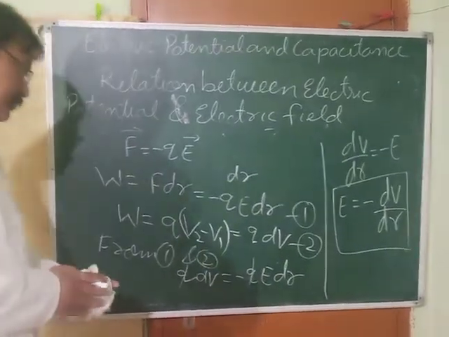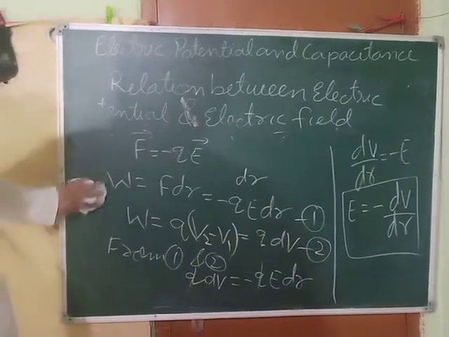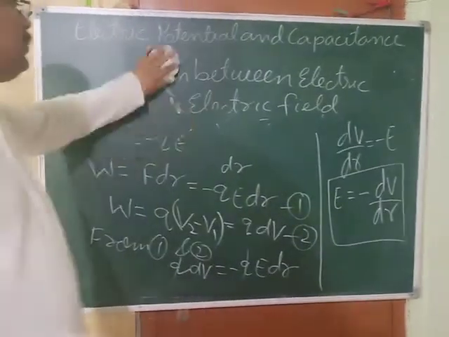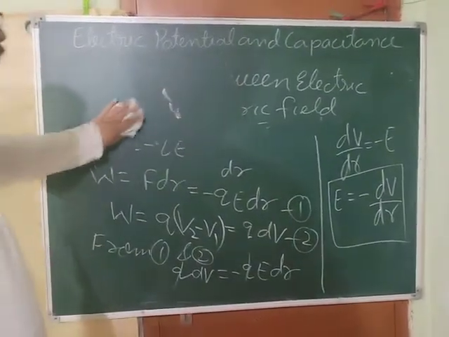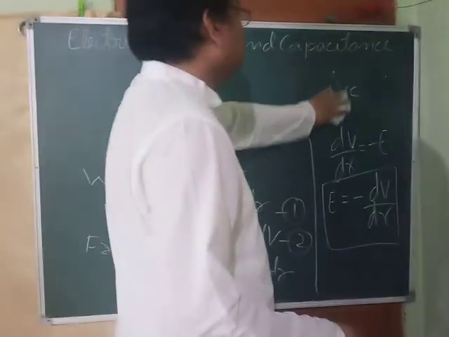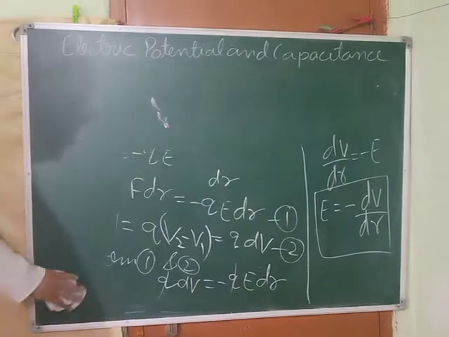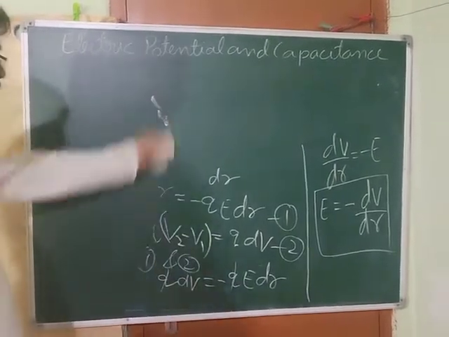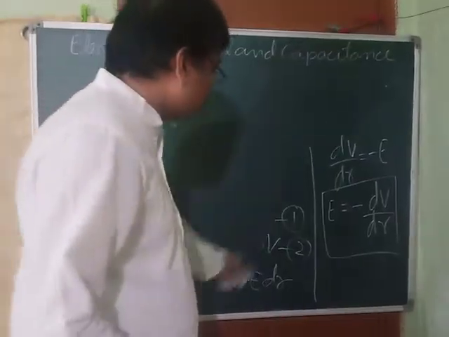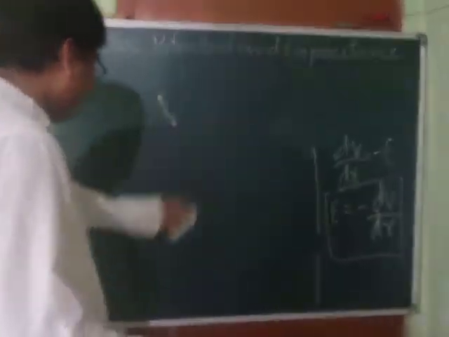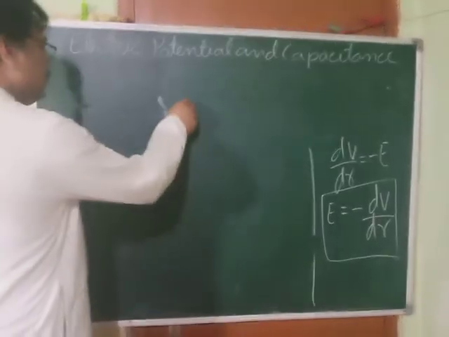Now from here we can utilize this result to find lots of things like electric potential due to a charged sphere, or conducting sphere or spherical cell. How can we find? Let's see.